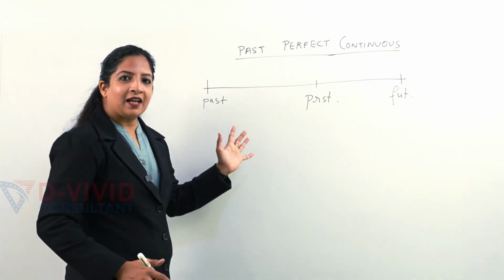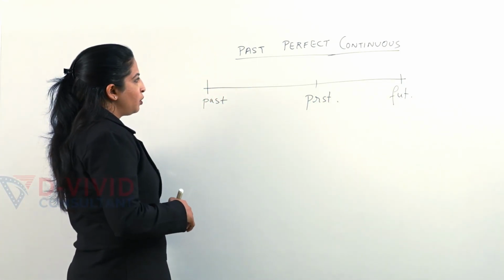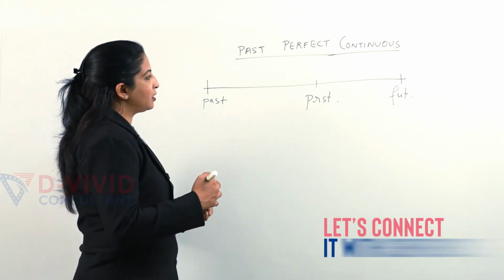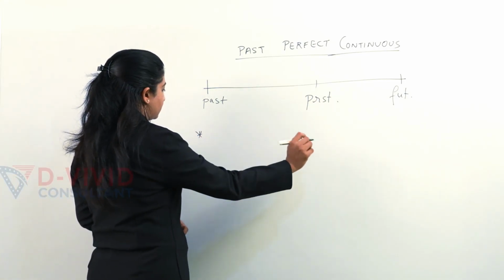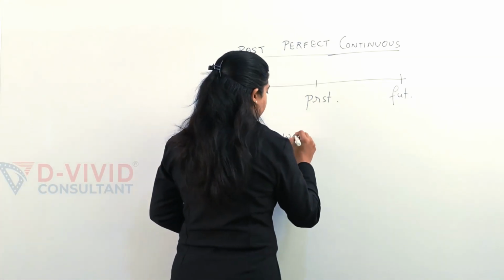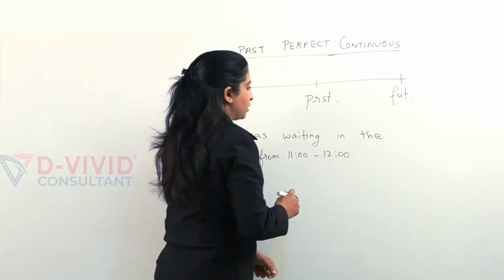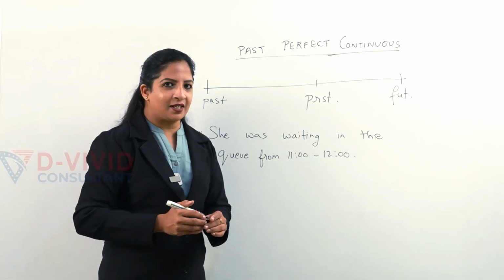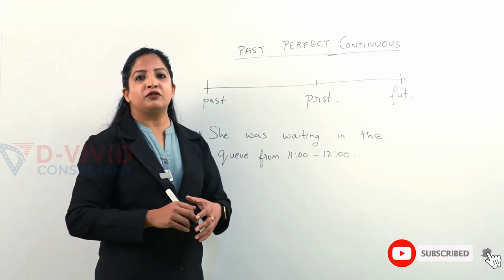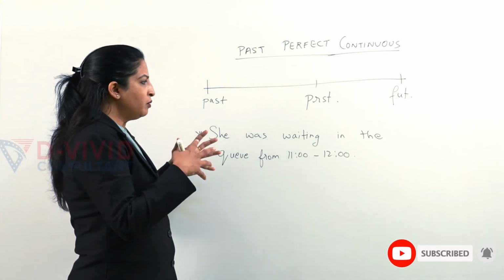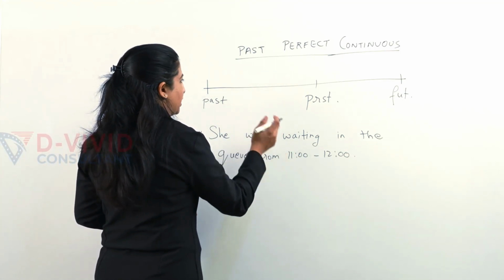Let's understand it here, past, present and future. Let us connect this with a sentence. I have written a simple sentence which says that she was waiting in the queue from 11 to 12. How might this situation look?